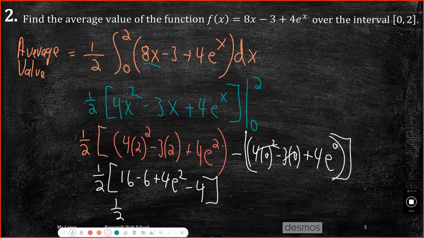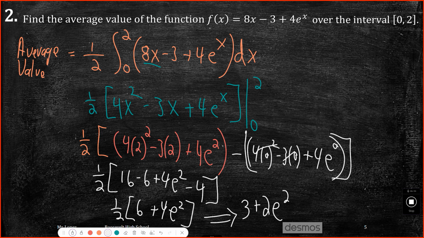1/2. 16 minus 6 is what? 10. 10 minus 4 is what? So it'll be 6 plus 4e squared. And now we can just simplify this, and the answer will be half of 6 is what? 3. Half of 4 is 2e squared.